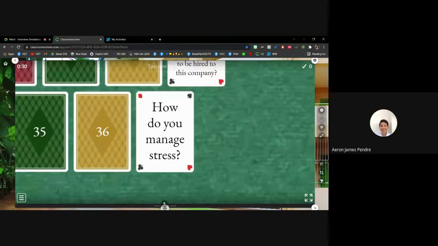I manage stress by reading a lot of books, especially stories that will make me calm and think of alternative thinking that will help me reduce the stress that I am facing, and it will also spend my time communicating.